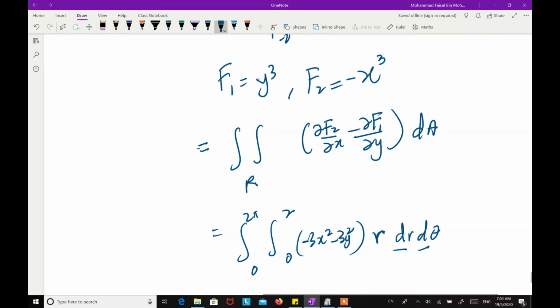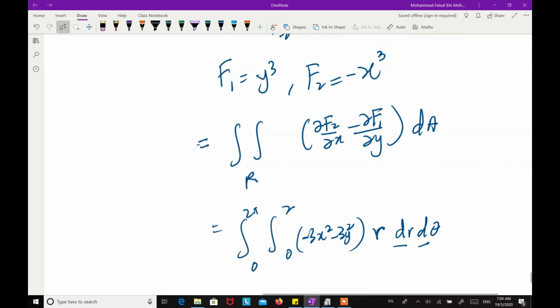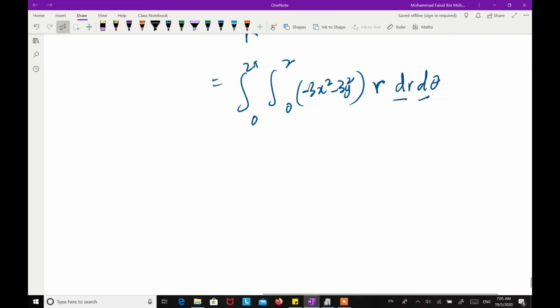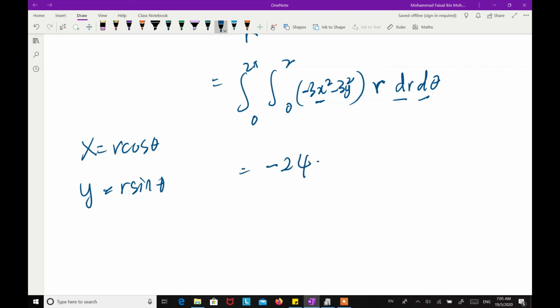Because if you differentiate f2, it will be negative 3x squared, and differentiating f1 gives y squared, then we have the minus sign from the formula. So you solve this. Remember, x should be r cos theta and y will be r sin theta. Substitute in the double integral, and then you will get negative 24 pi.